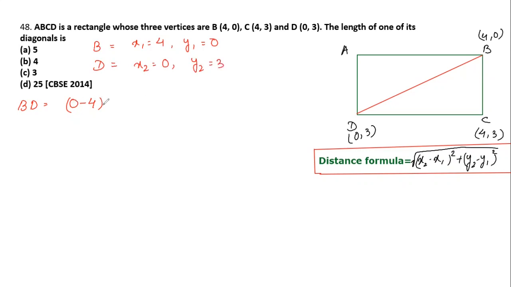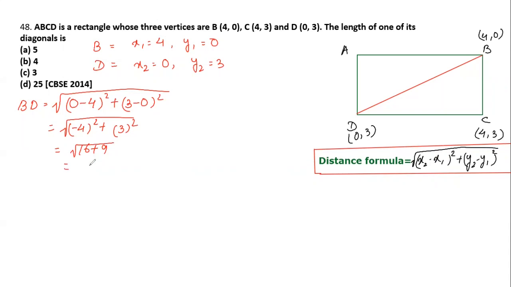So x2 minus x1, that means 0 minus 4, plus 3 minus 0 whole square, under root. Minus 4 whole square plus 3 whole square, 16 plus 9, 25, so root is plus minus 5. This is our answer, and the correct option is option A. This is 5 units.